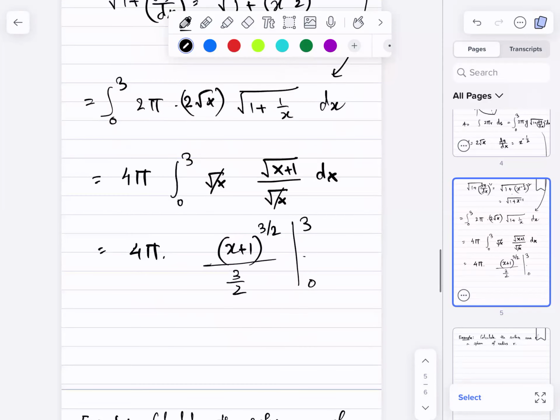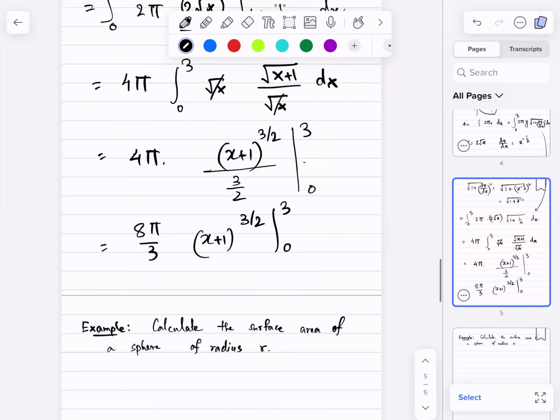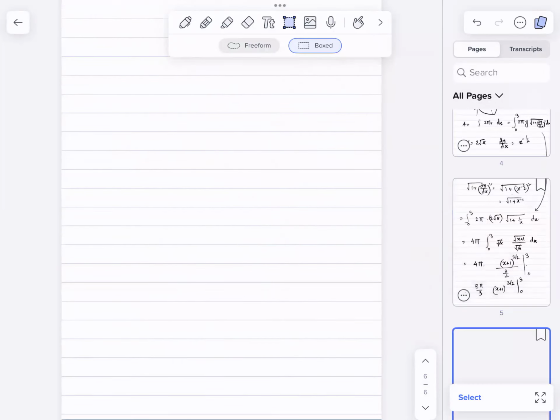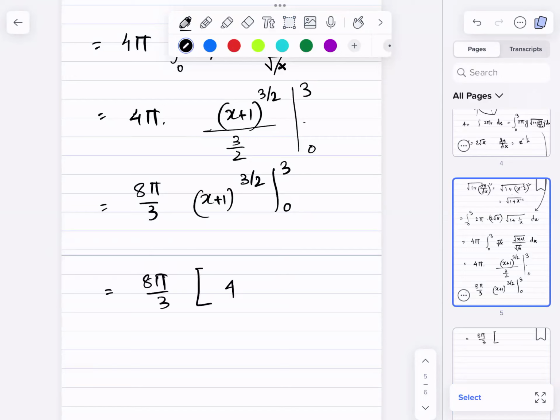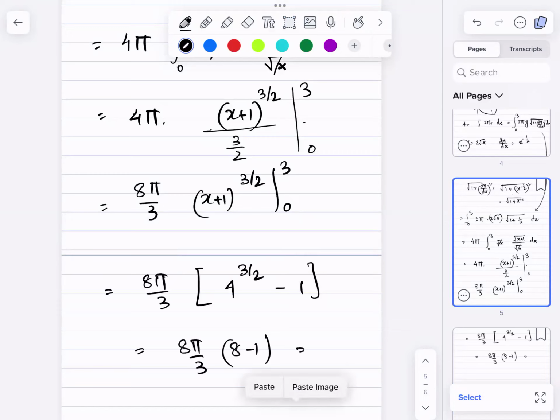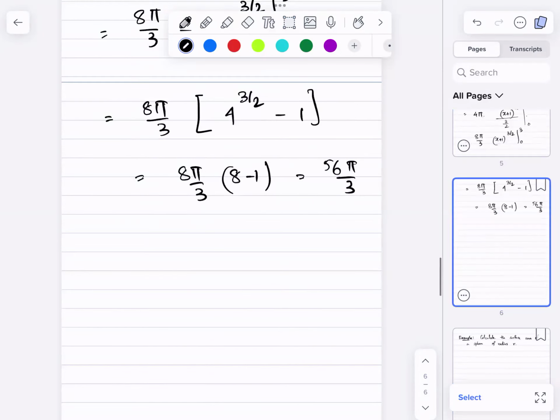So this is 8 pi over 3 times (x plus 1) to the 3 over 2 from 0 to 3. If I put 3 in, then 4 to the 3 over 2 minus 1, which is 8 minus 1, times 8 pi over 3, which is 56 pi over 3. Okay, and this is my answer.